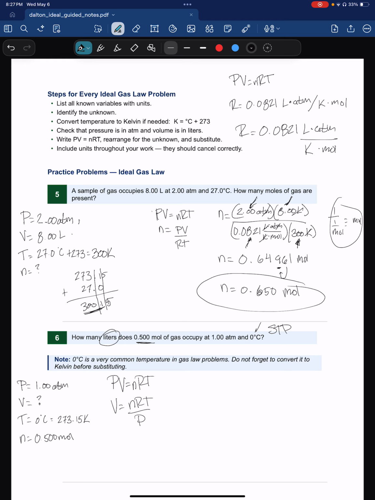And so let's go ahead and plug everything in. Volume is equal to the number of moles, 0.500 moles, times our gas constant, 0.0821 liters times atmospheres per mole Kelvin, times our temperature, which is 273.15 Kelvin, all over 1.00 atmospheres.